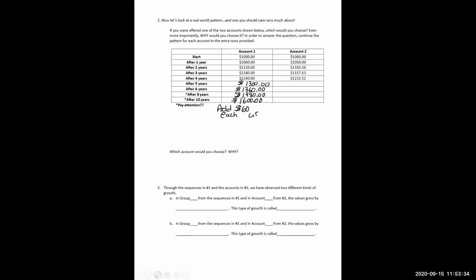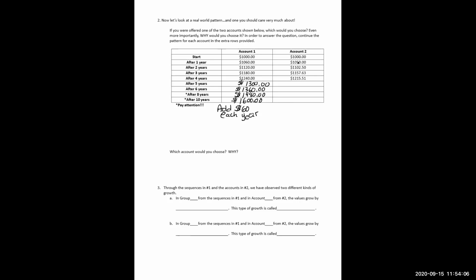All right, so let's go ahead and look at account number 2. I don't know why I keep getting that line, but it's annoying. All right, so account number 2, what did you come up with there? That one's a little bit harder because you notice it doesn't go up by the same amount each time. So one way you can figure it out is look between the starting amount and year 1.